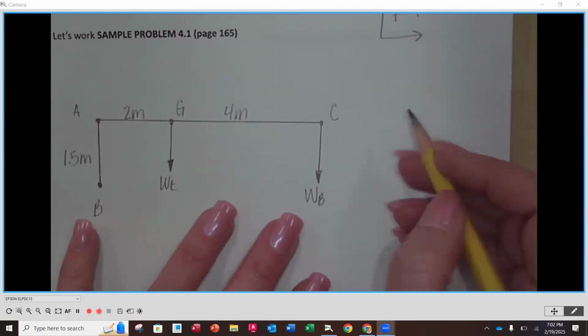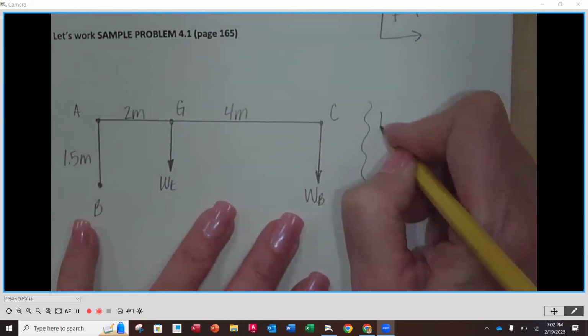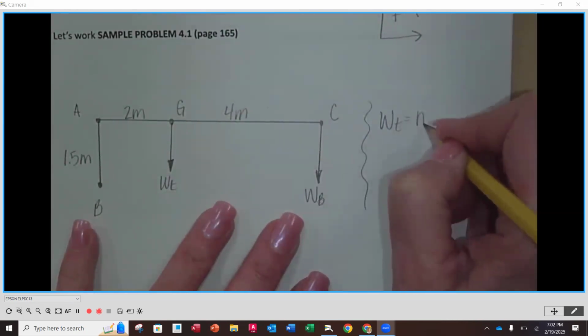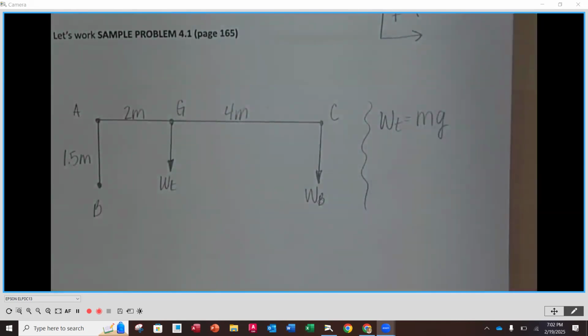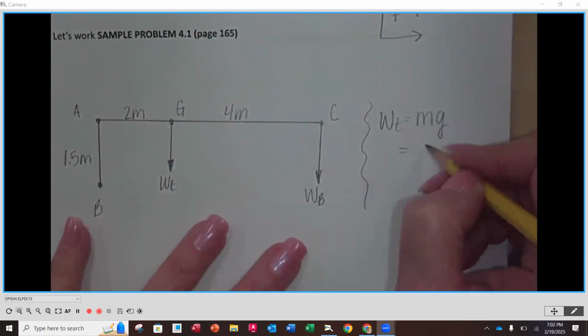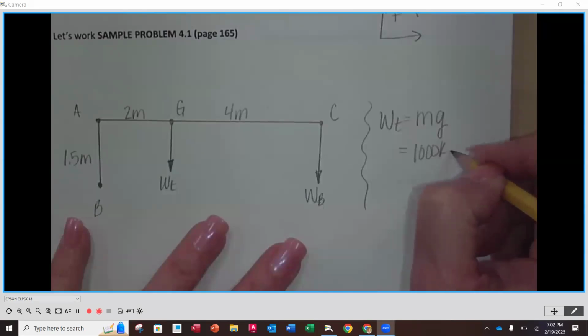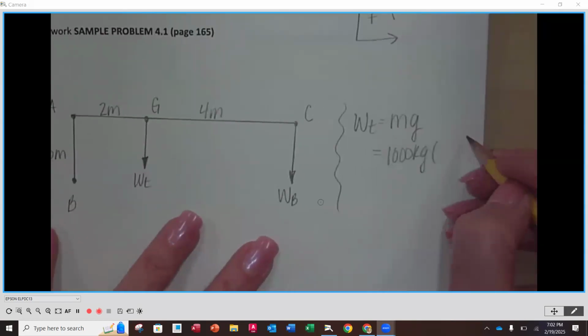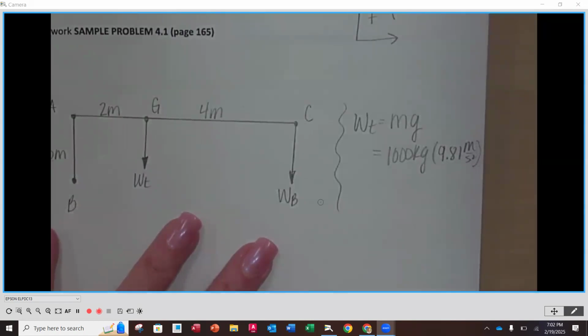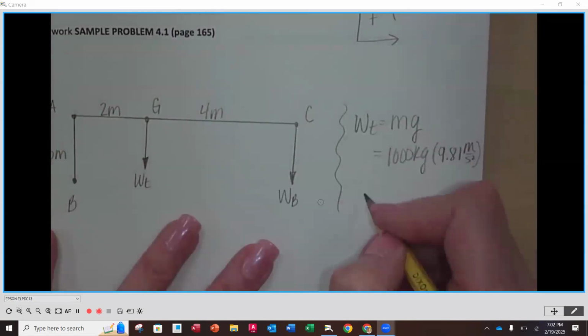I'm going to do that over here. The weight of the crane is equal to mass times gravity. They gave us the mass of the crane as 1,000 kilograms, and we're going to multiply that by gravity, which is 9.81 meters per second squared. A kilogram meter per second squared is a newton.